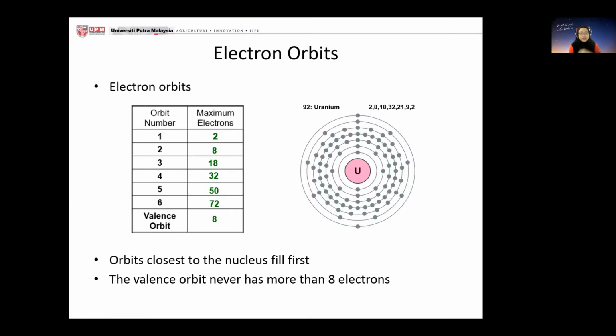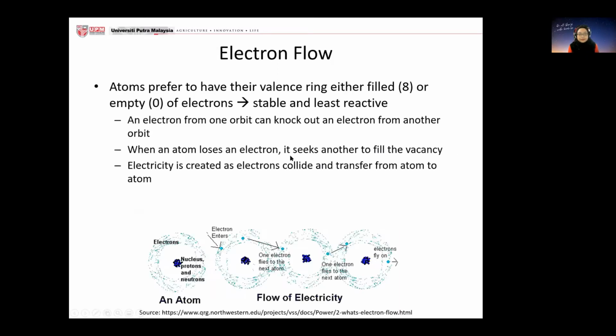But always remember, orbits closest to the nucleus fill up first, so it's always from innermost to outermost. The one at the outermost, the valence electrons we mentioned earlier, the valence orbit never has more than 8 electrons.